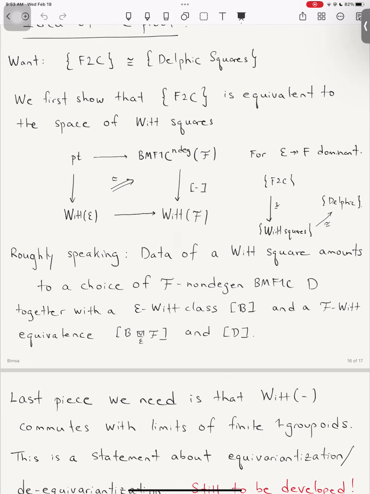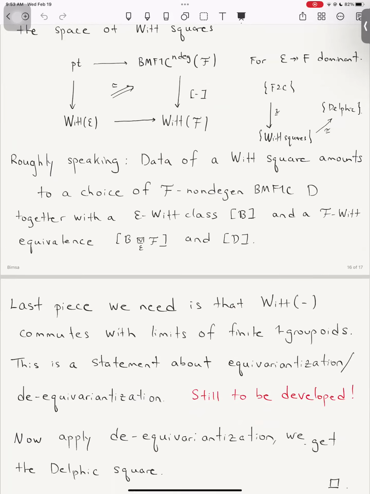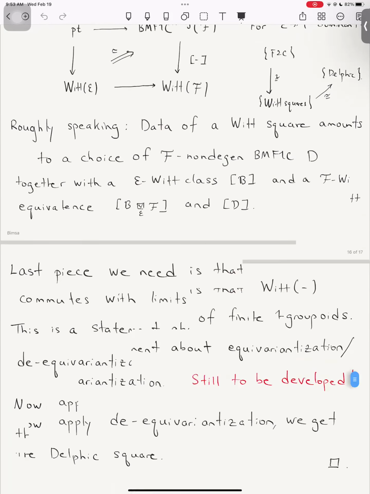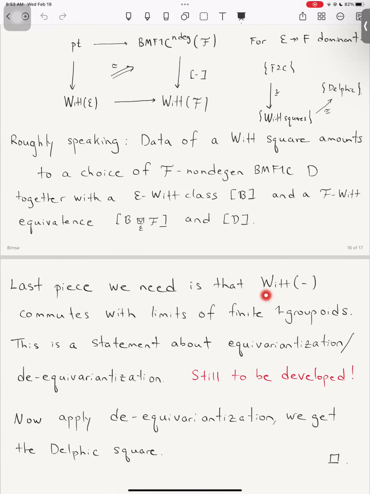Now the last bit to actually do the classification is that you need to have a little more knowledge about this functor. You need to know that this functor width commutes with limits of finite one. What does this mean? It boils down to a statement of equivariantization and de-equivariantization.